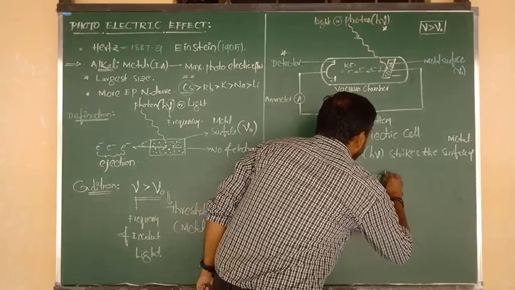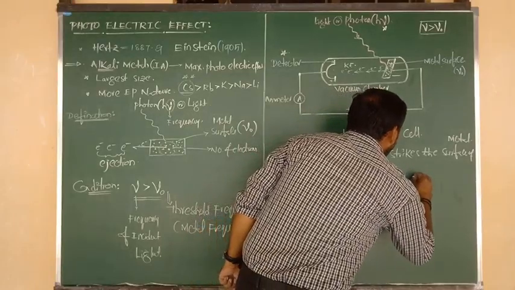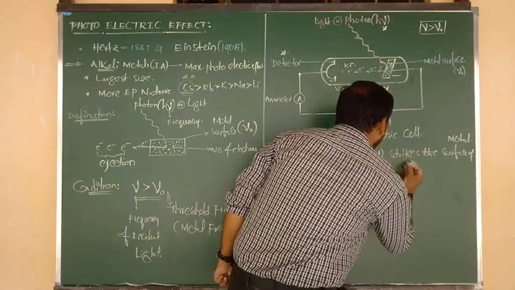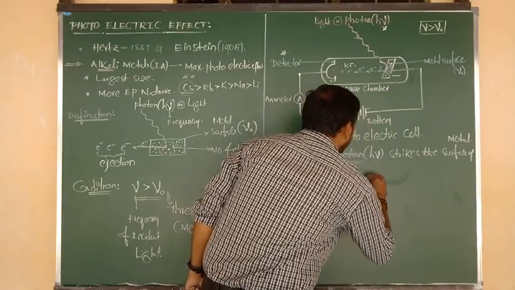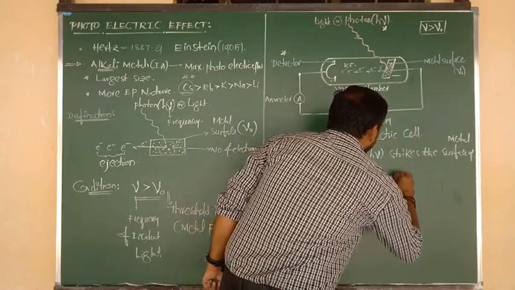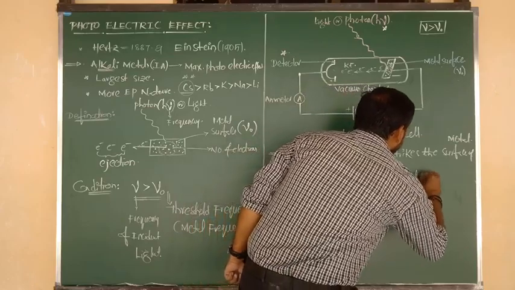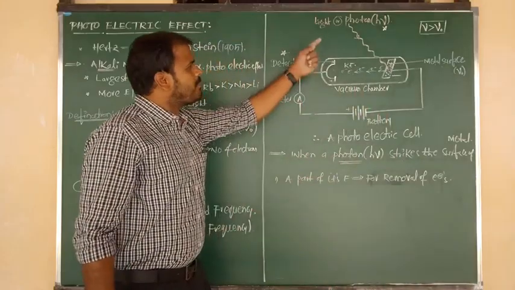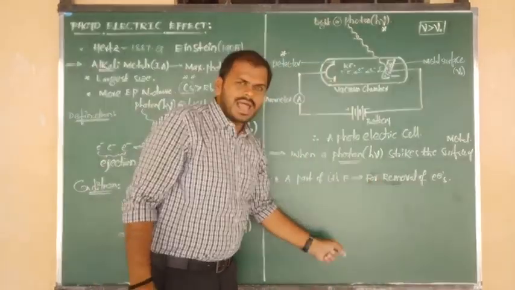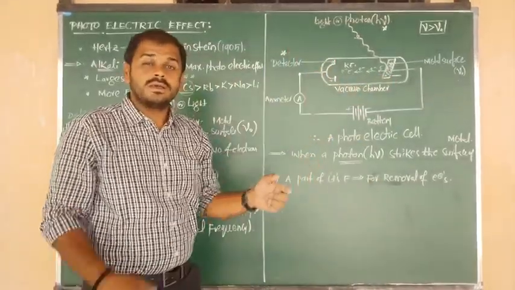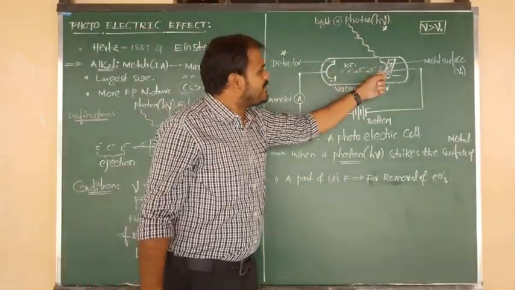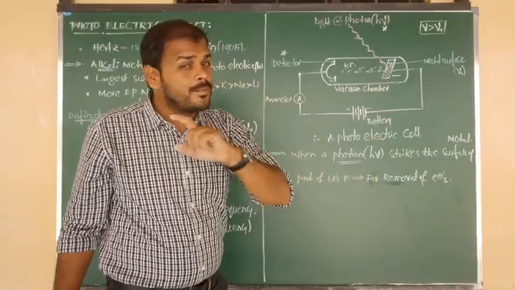A part of its energy was used for removal of electrons. So a part of photon energy we have utilized for the removal of electrons from the surface of what? Metal. So from the surface of metal, here we are removing electron.